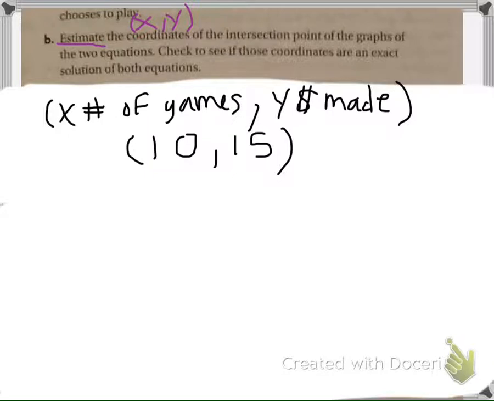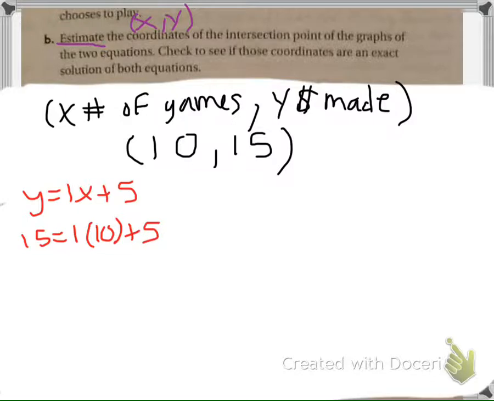So first for plan 1, which was y equals 1x plus 5, I need to put 10 in my x spot and 15 in my y spot. So I have 15 equals 1 times 10 plus 5. So I substituted my y and my x for my estimate.